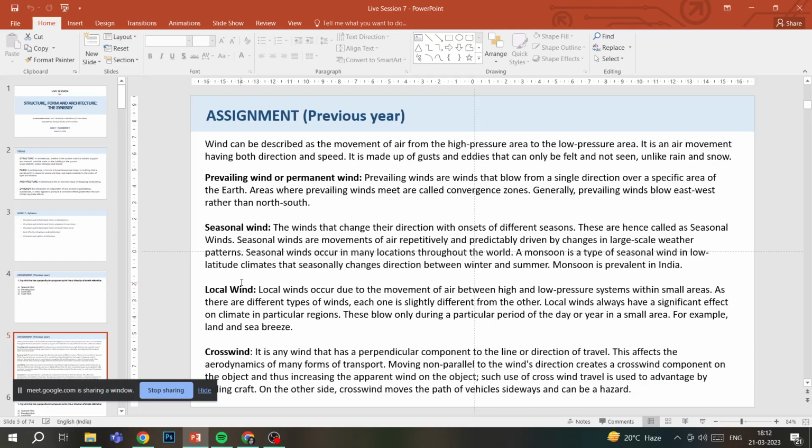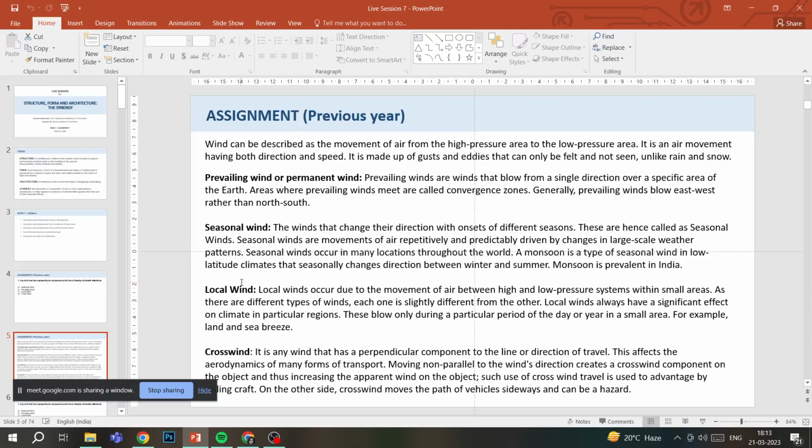Wind can be basically described as the movement of air from high pressure area to low pressure area. For example, this is a low pressure area, this is a high pressure area. So the wind will go from high pressure to low pressure. It is an air movement which has both direction and speed, and it is made up of gusts and eddies and can be felt and not seen.